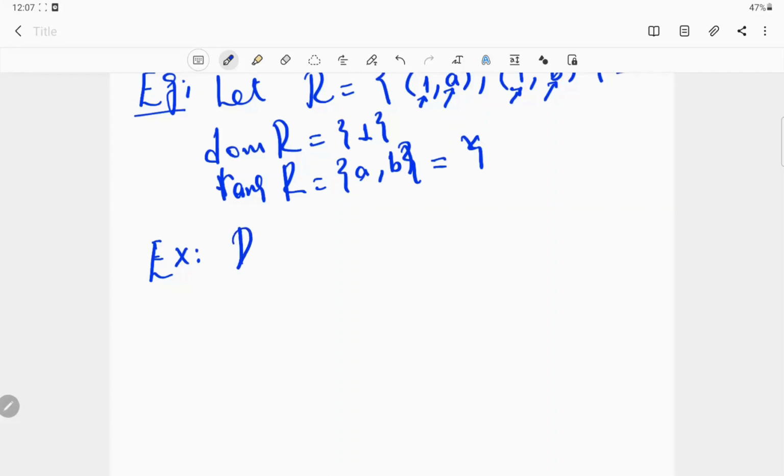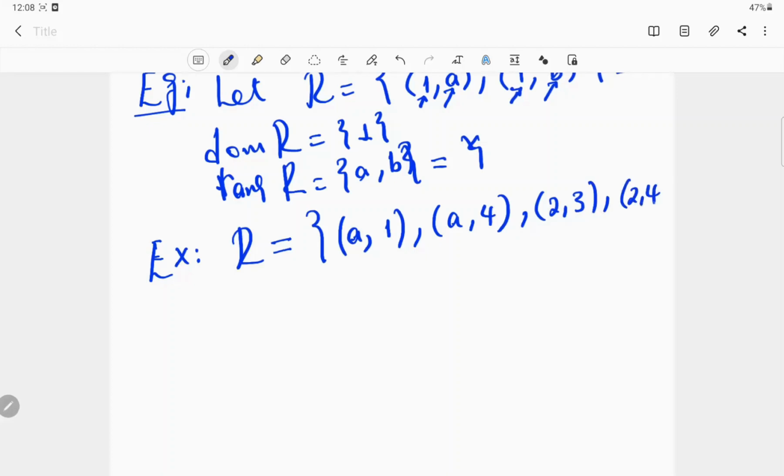Let R be given by the set containing (a, 1), (a, 4), (2, 3), (2, 4), (4, 3), and (*, a).